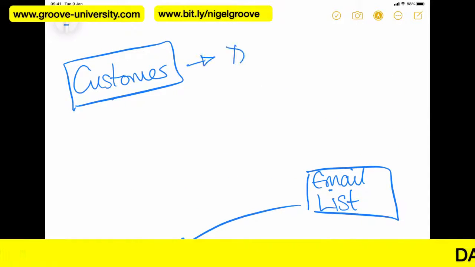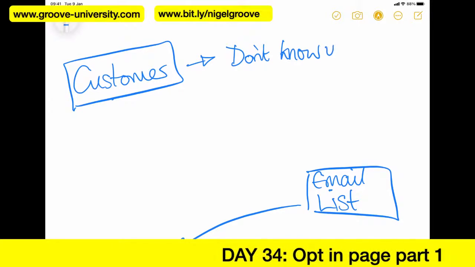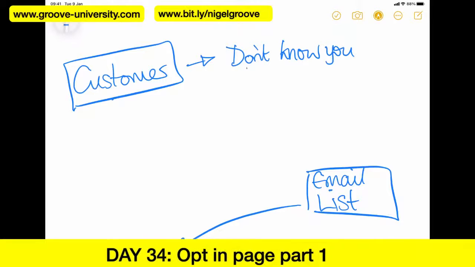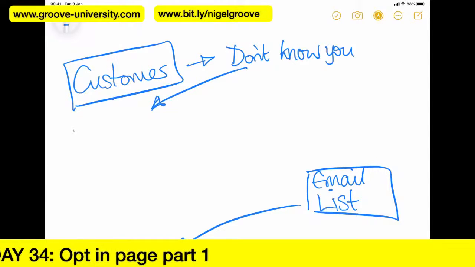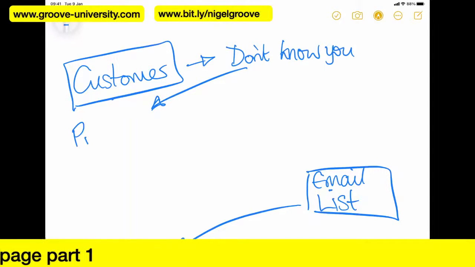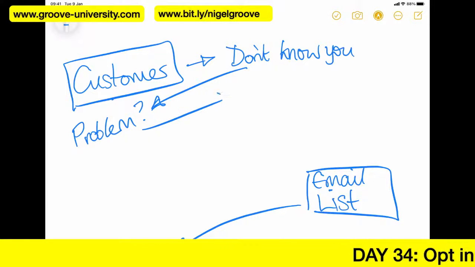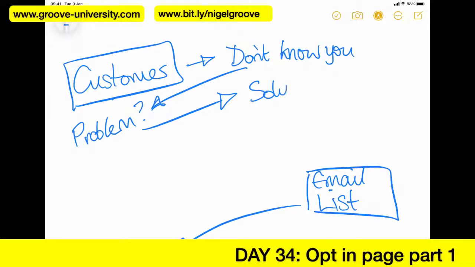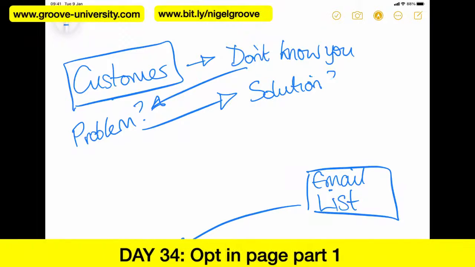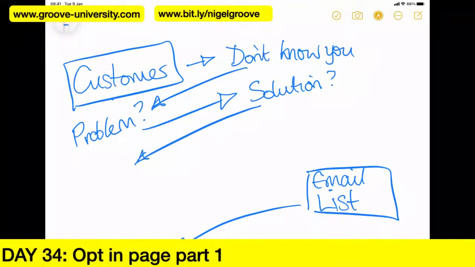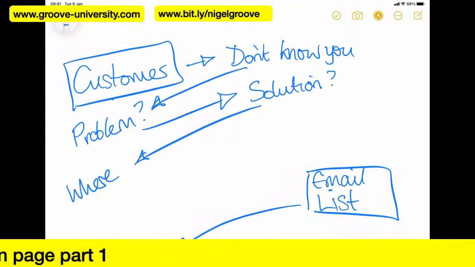Okay, so they don't know you. And they don't know if they've got a problem or not. And they don't know that there could be a solution. And they don't know from where.